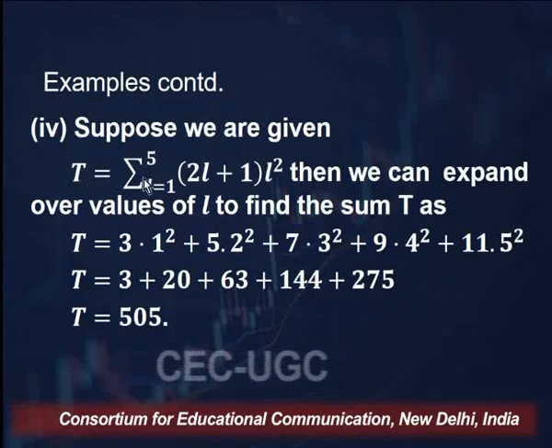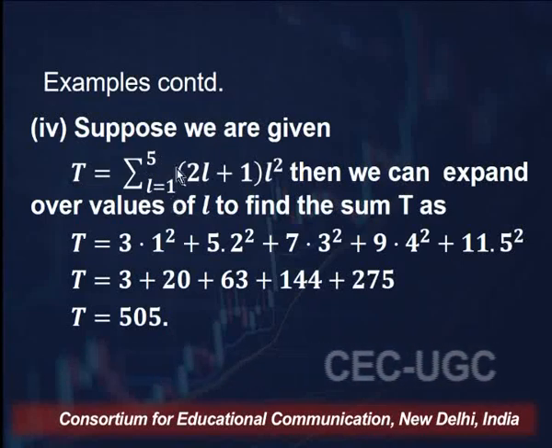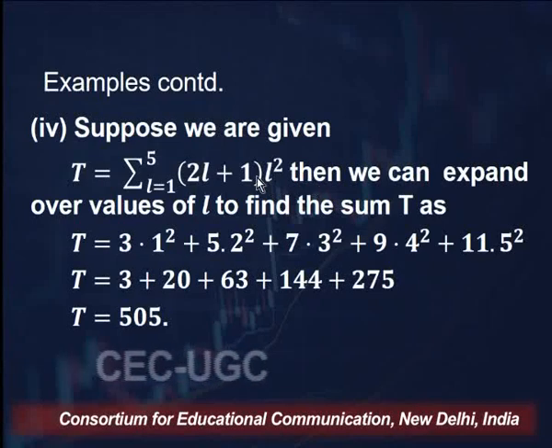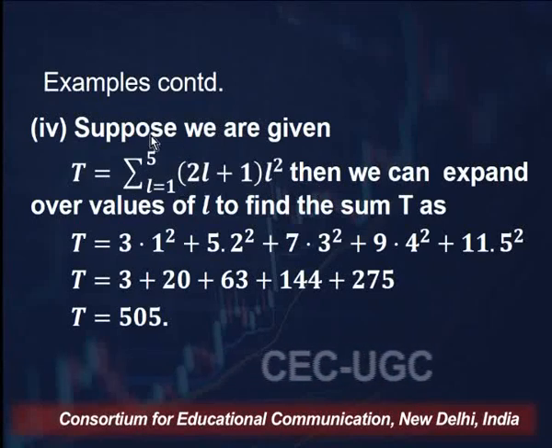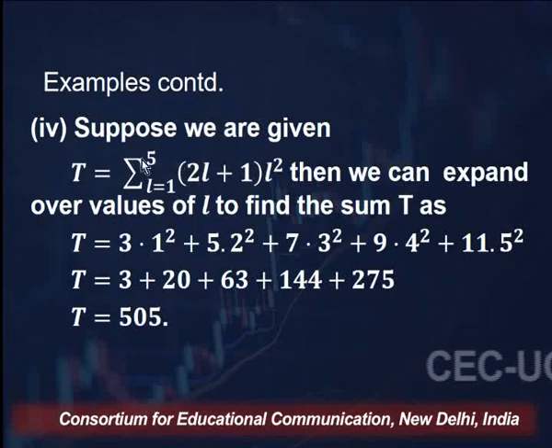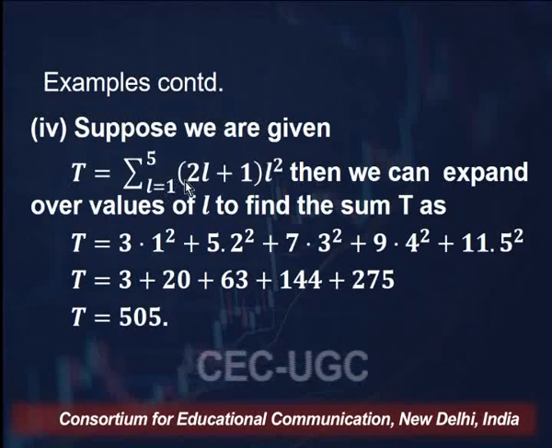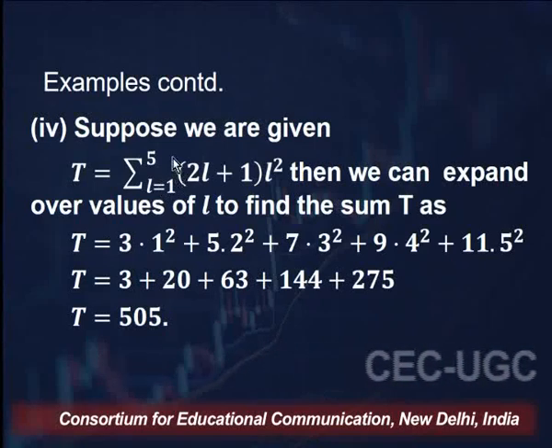So, let T be equal to summation l equal to 1 to 5 of (2l plus 1) into l square. Now, here I can clearly see how many terms we are summing. We are summing 5 terms. And how do we open it? We first take the value of l as 1, then we take l as 2, then l as 3, and so on till l as 5.